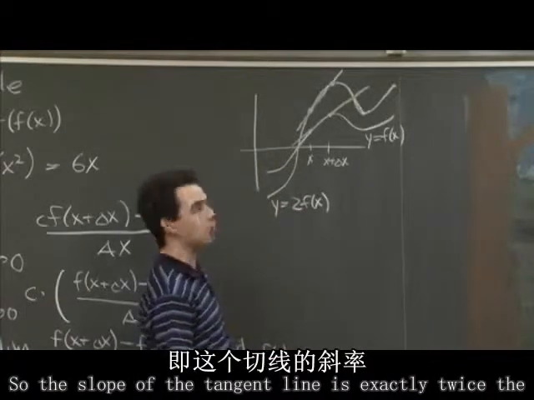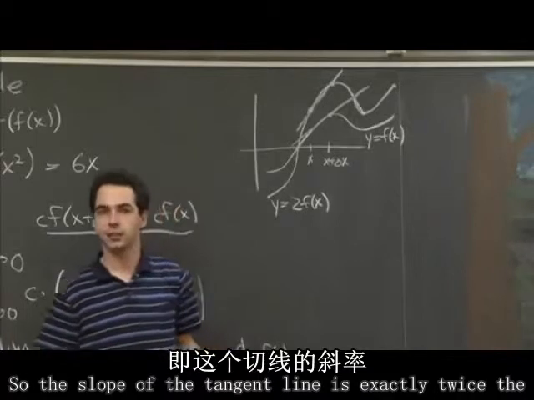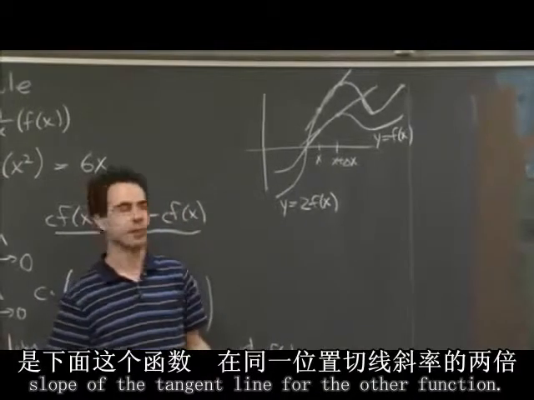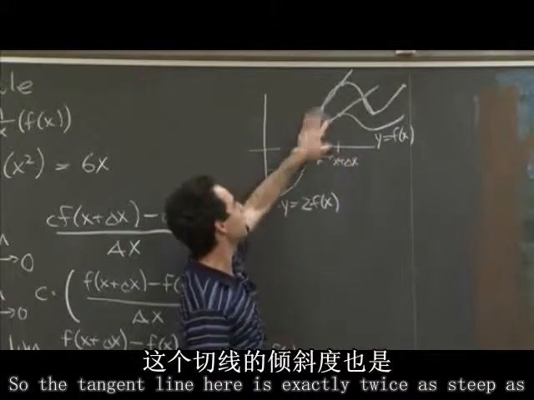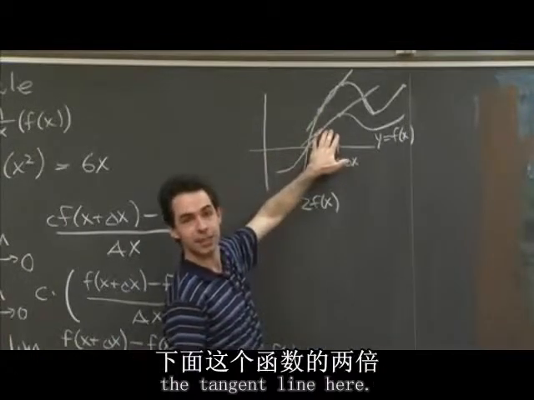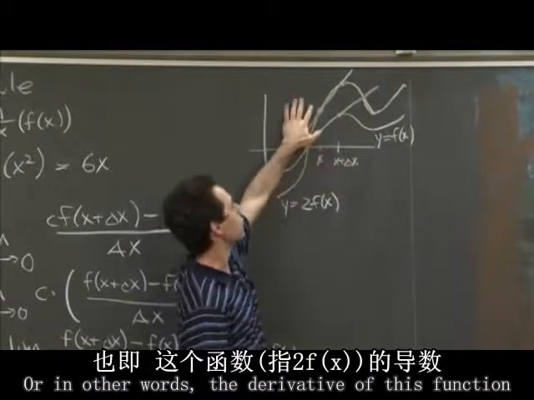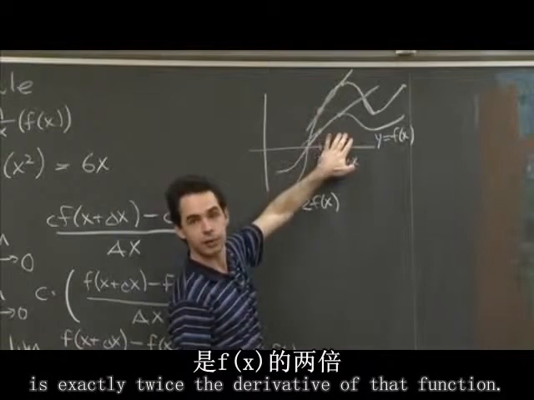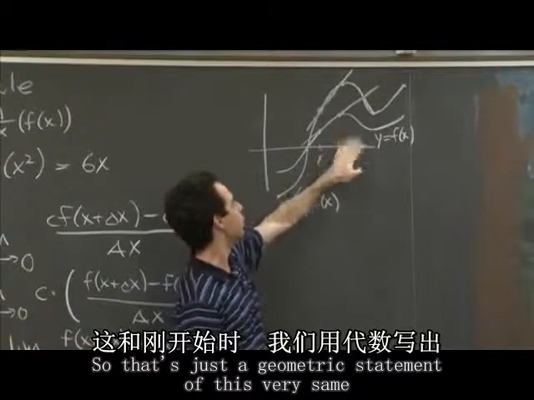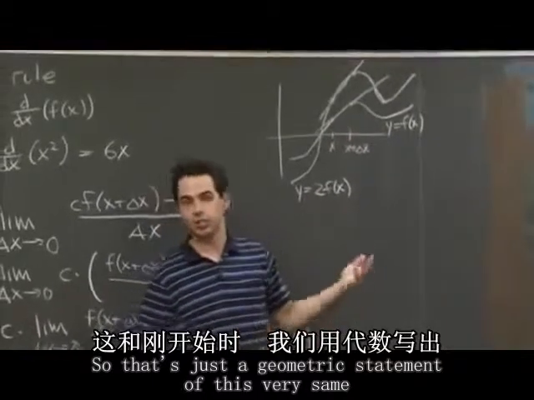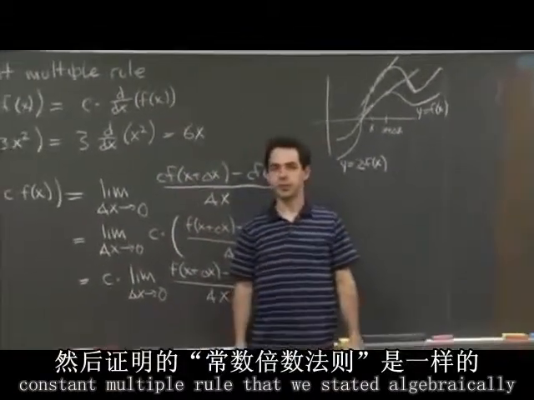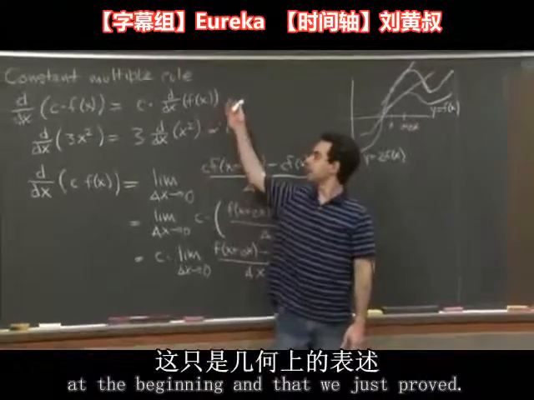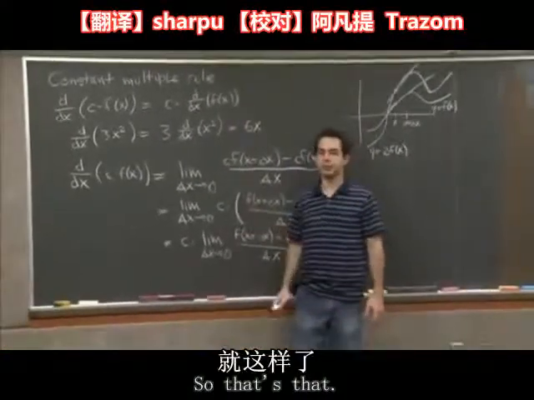So the slope of the tangent line is exactly twice the slope of the tangent line for the other function. Or in other words, the derivative of this function is exactly twice the derivative of that function. So that's just a geometric statement of this very same constant multiple rule that we stated algebraically at the beginning and that we just proved. So that's that.